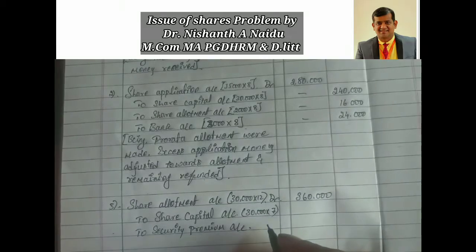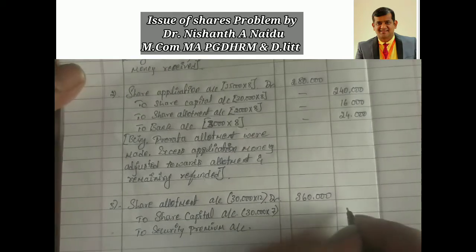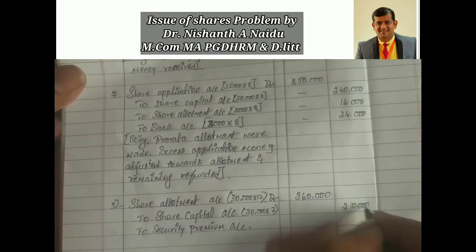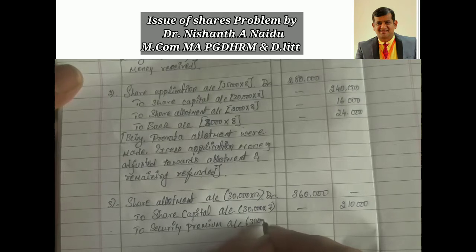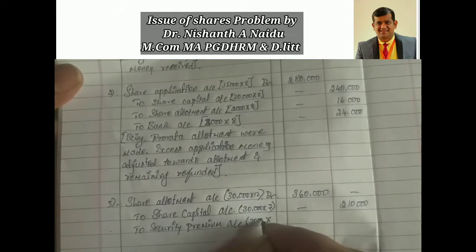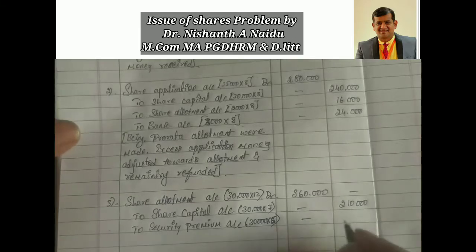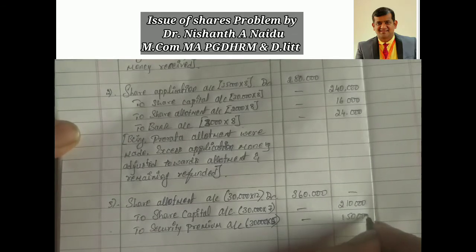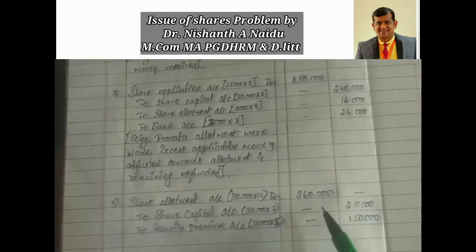So 30,000 into 7 comes to 2,10,000 rupees. Then to security premium account, 30,000 into premium money 5, so premium is 1,50,000. So 1,50,000 plus 2,10,000 put together is 3,60,000.